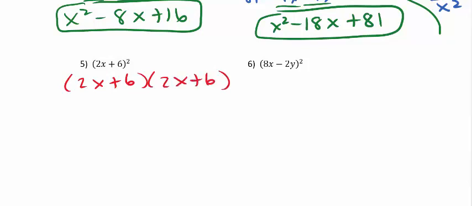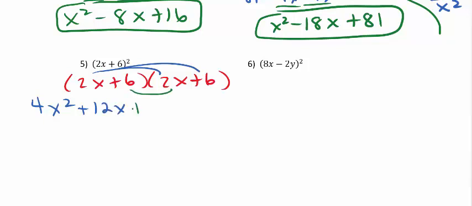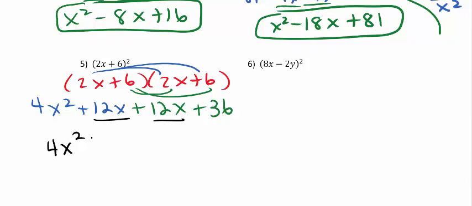And we'll go ahead and FOIL. 2x times 2x is 4x squared. 2x times 6 is 12x. 6 times 2x is 12x. And 6 times 6 is 36. We'll go ahead and combine like terms here in the middle and get 4x squared plus 24x plus 36.